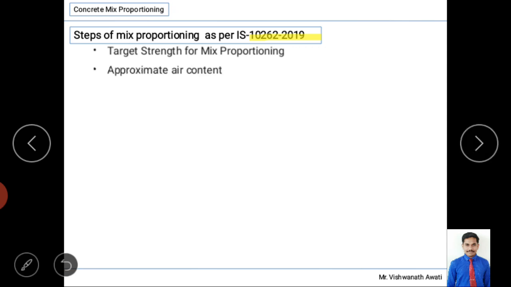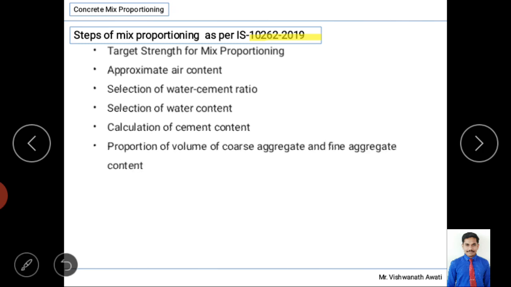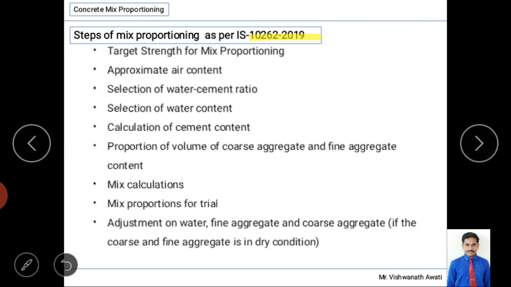Second step, approximate air content you have to calculate. Then selection of water cement ratio, selection of water content, calculation of cement content, proportion of volume of coarse aggregate and fine aggregate content, mix calculations, mix proportion for trial, and adjustment on water, fine aggregate and coarse aggregate if the coarse and fine aggregate are in a dry condition.